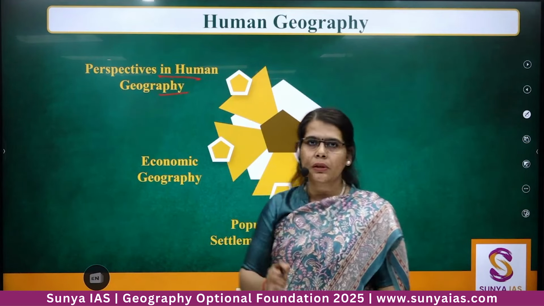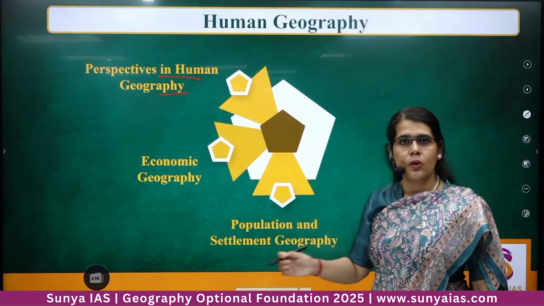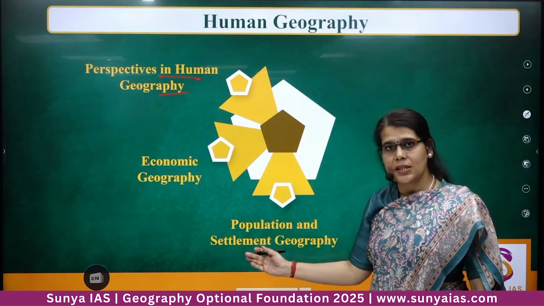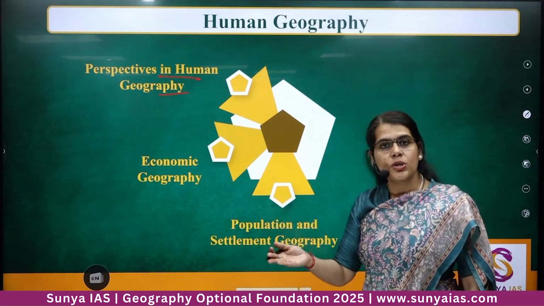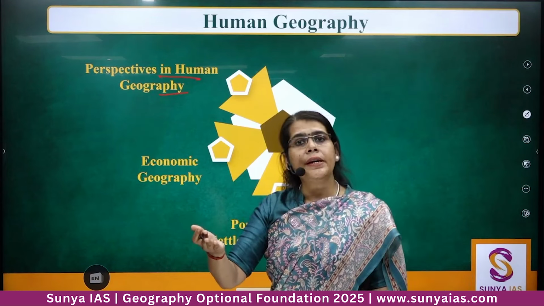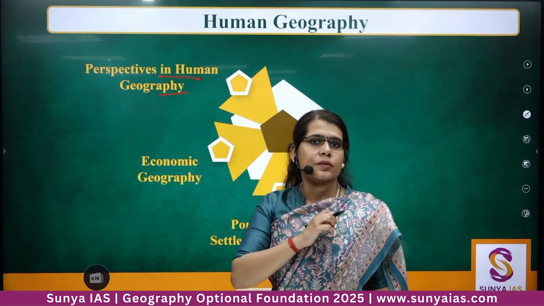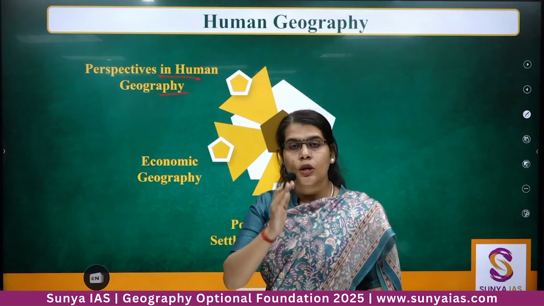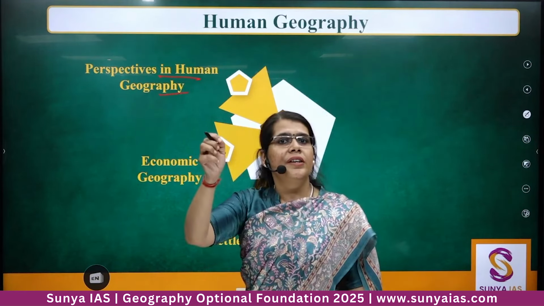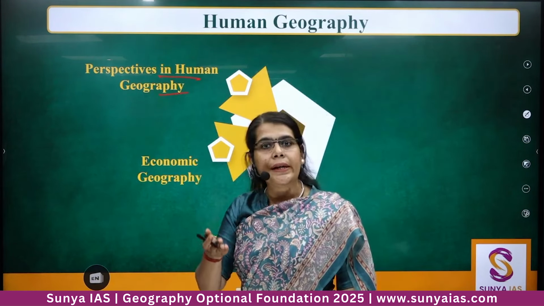For example, Population and Settlement Geography. We are talking about paper 1 section B for now, but cultural settings and settlements are also included in paper 2. When we calculate the average number asked with respect to population and settlement, from both paper 1 and paper 2, in recent years out of 500 marks, the average comes out to be around 80 to 90 marks.